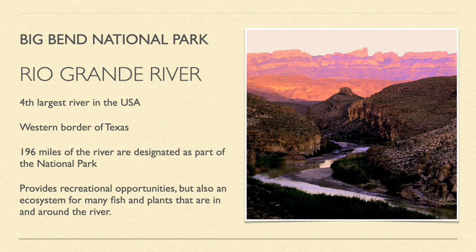And 196 miles of the river is part of the national park. So not the whole river is the national park, but 196 miles of it sure is. That river provides recreational opportunities, so you can go boating, kayaking, fishing, and camping, and it also serves as an ecosystem for fish and plants that are all found around the river.